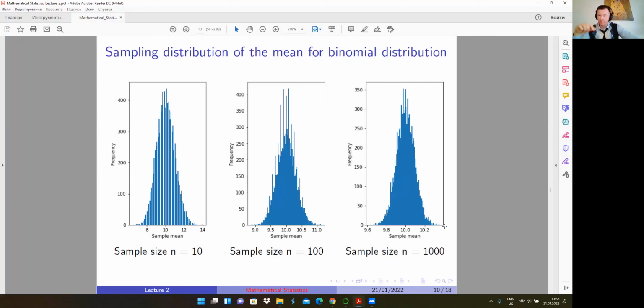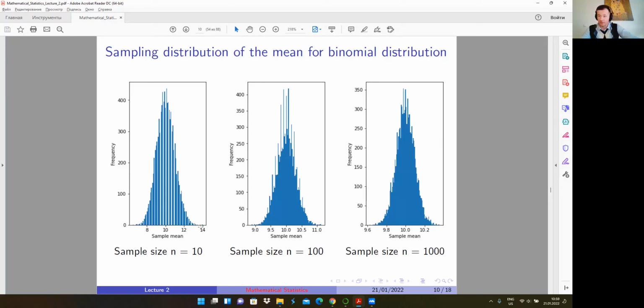What does the shape of the distribution look like? Does this remind you of something from the probability course? Let's look, this is something like the probability density function. Empirical, it's not the theoretical one.